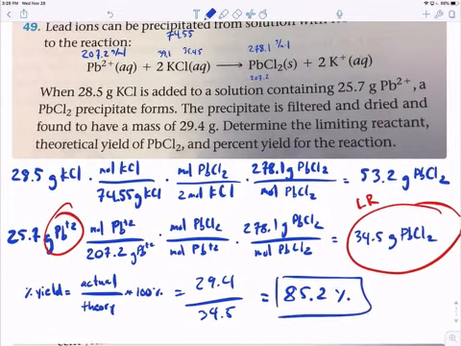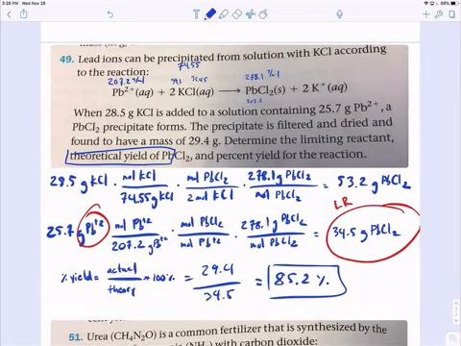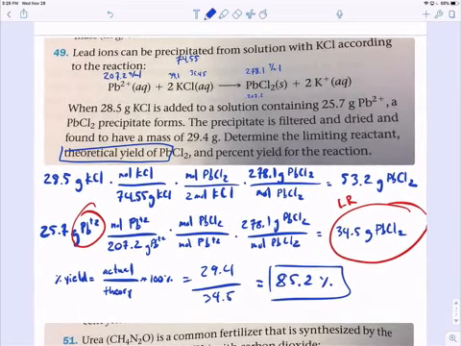Okay, recap with this one. So we have this chemical reaction. We have 28.5 grams of KCl reactant, 25.7 grams of lead plus 2 reactant, and we have to figure out the limiting reagent and theoretical yield. So we go across it twice. The first step here is the molecular weight.